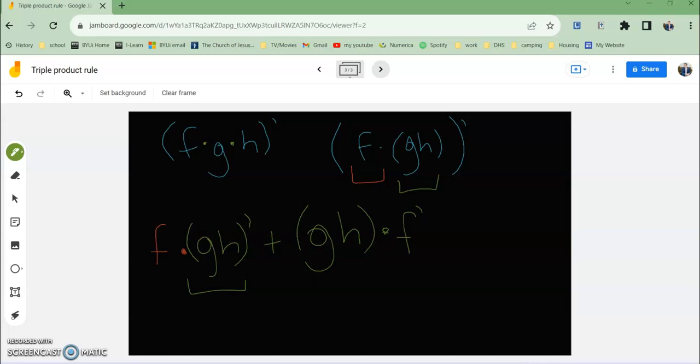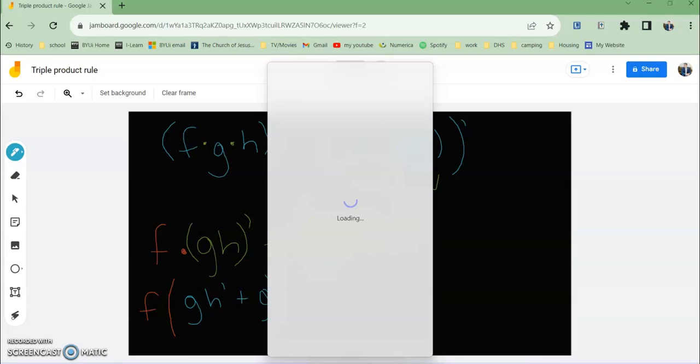We could actually do that with, hey, another product rule, because there's two functions being multiplied together. So let's rewrite that as f times, and I'll just do a big parentheses. We know the derivative of g times h is actually g times h prime plus g prime times h.